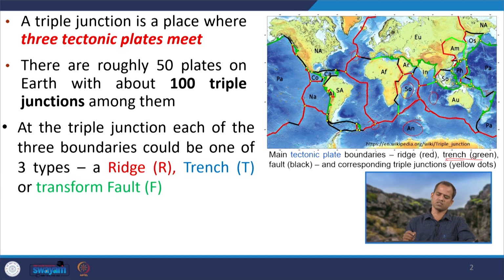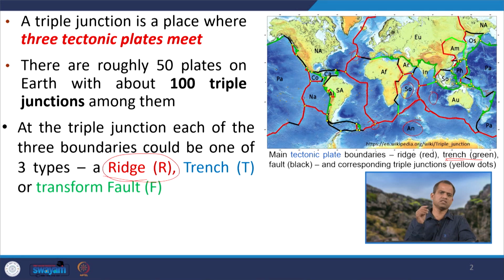So, you see the triple junctions are of different configurations. They are placed at one point where three tectonic plates meet. So, a triple junction is named depending upon the types of boundary it is sharing.